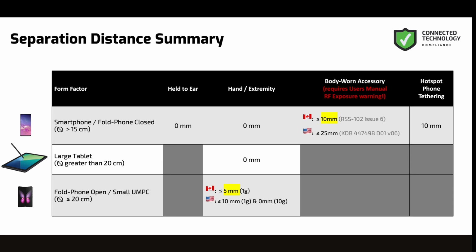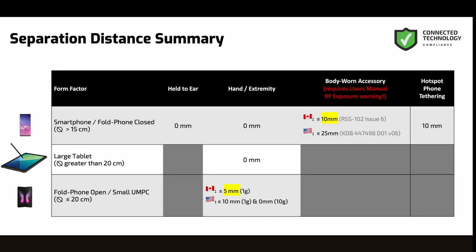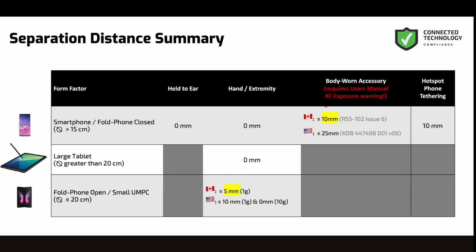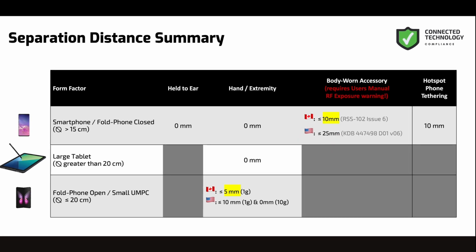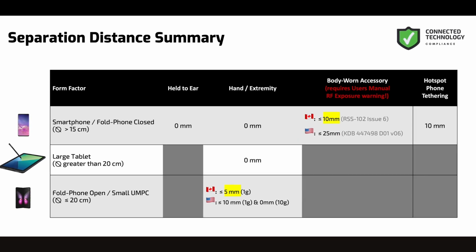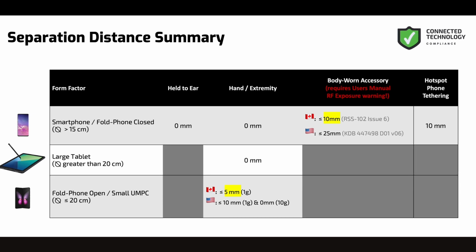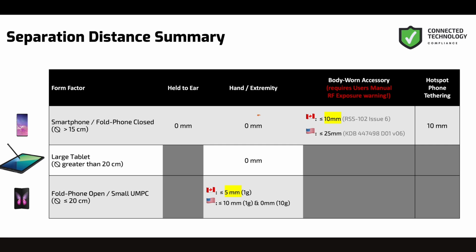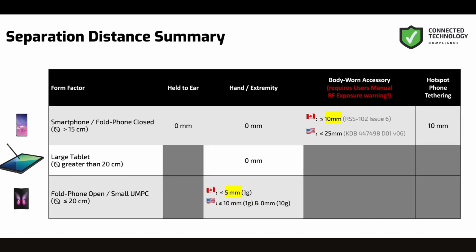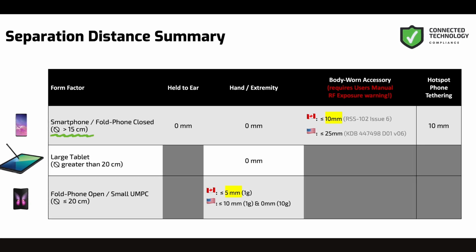And the different separation distance requirements are: held to the ear, which is 0 millimeters; body-worn accessory, which could be up to 10 millimeters for Canada, up to 25 millimeters for the United States, and they both require a user's manual warning. Hotspot, the testing requirement is 10 millimeters. Hand, it has to be touching for screens greater than 15 centimeters diagonal.